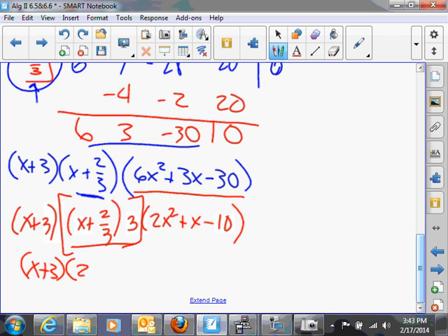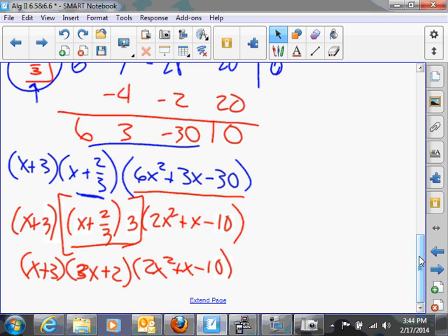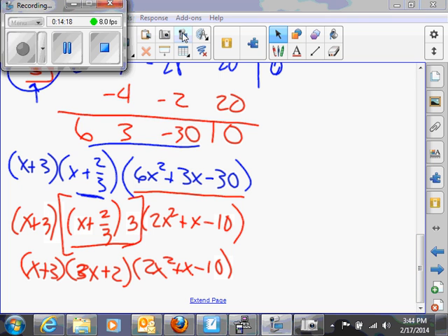This becomes 3x plus 2, and then we have 2x squared plus x minus 10. And I'm going to pause here for a minute.